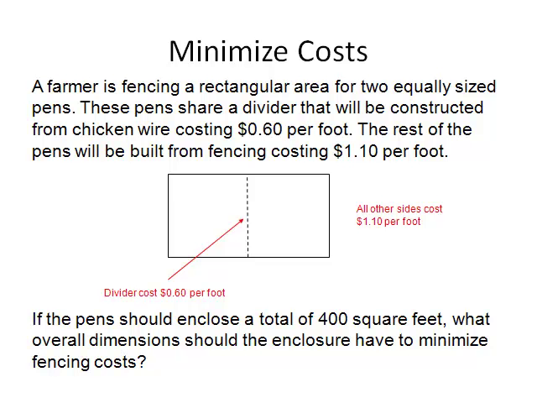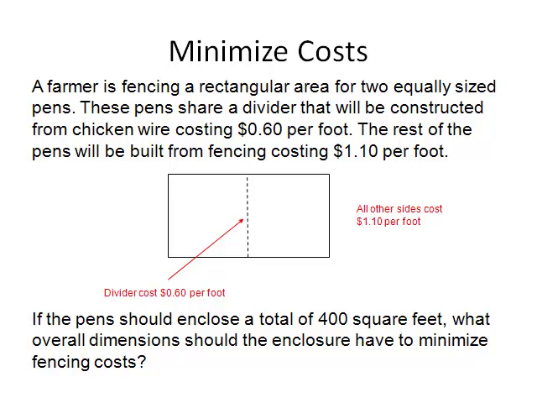Here is another typical application from calculus. In this problem, we want to construct an enclosure for these jumping pigs that encloses 400 square feet. The fence costs $1.10 per foot around the outside of the enclosure and 60 cents per foot for the divider.